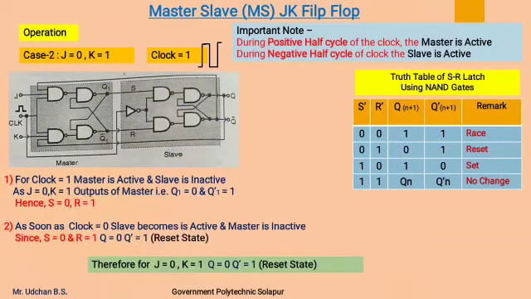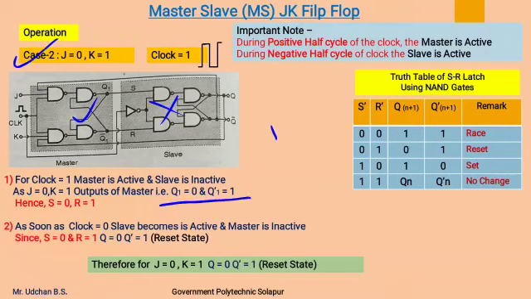Again, we will see the next case, that is second case, in which value of J is 0 and value of K is 1. Now when clock is 1, the master is active, the slave will be inactive. As J is 0 and K is 1, the output of master, that is Q1 and Q1 complement, will be 0 and 1 respectively.